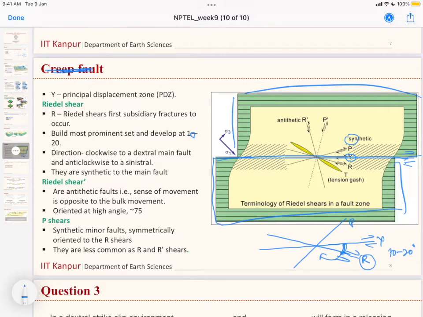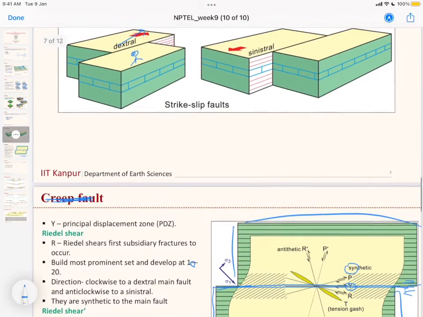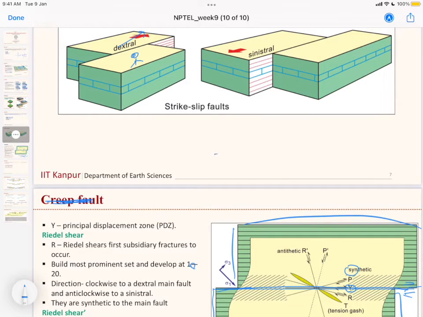That is if this fault is a dextral fault. But if this fault is a lateral fault or sinistral fault, then this whole directional convention gets changed. Now how does it get changed? So imagine, now I am out of space, let me draw here. Suppose it's a lateral fault or sinistral fault.